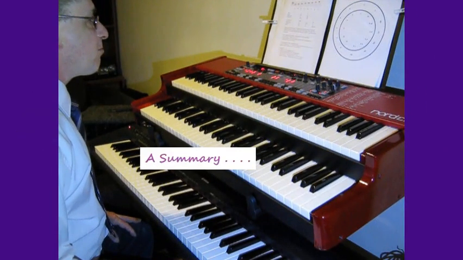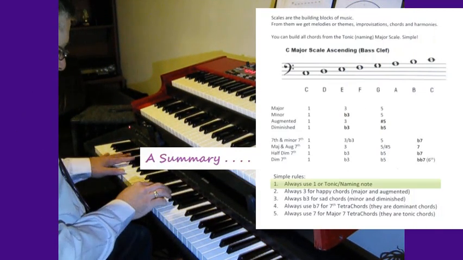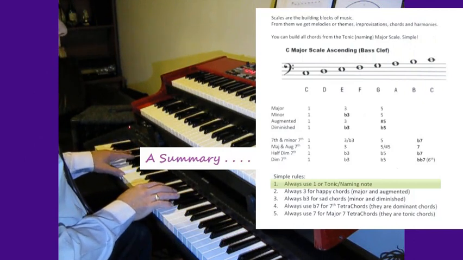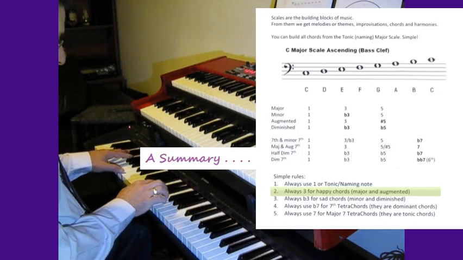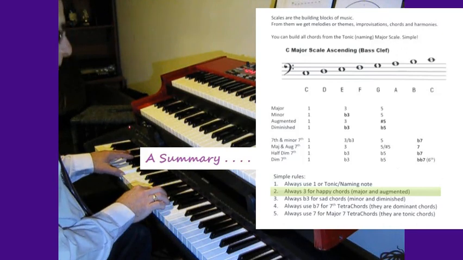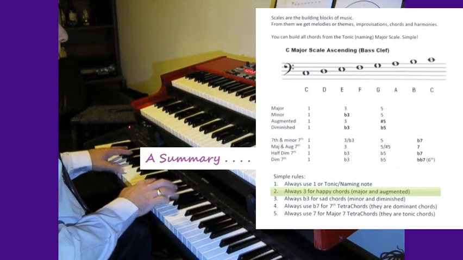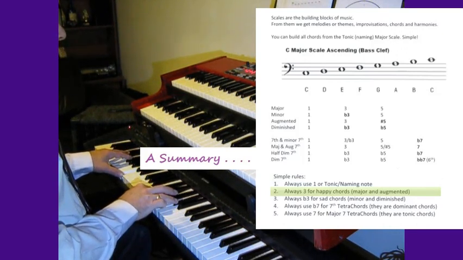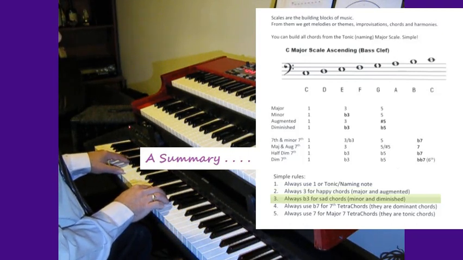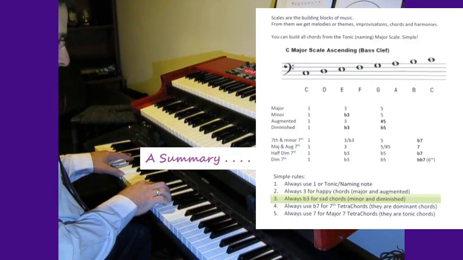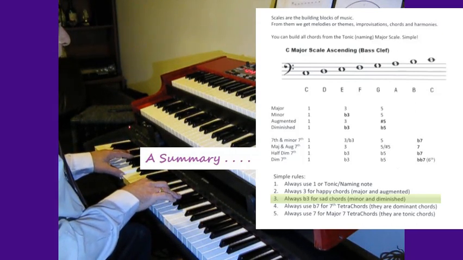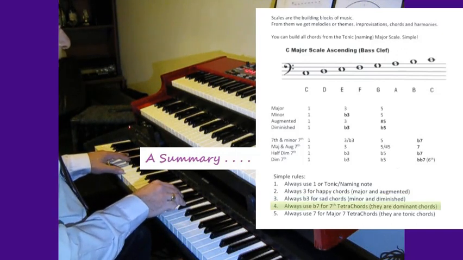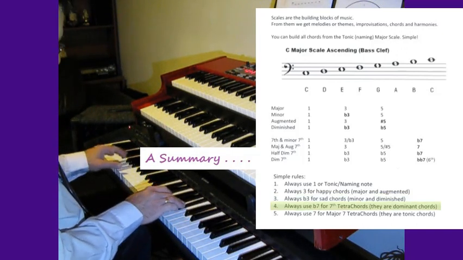So in summary, it's really simple. We always use the first note, the tonic note, the naming note. We always use the third note of the scale for our happy and augmented chords. And we always use the flat third for our minor or diminished chords. We always use the flattened seventh note if it just says the seventh.